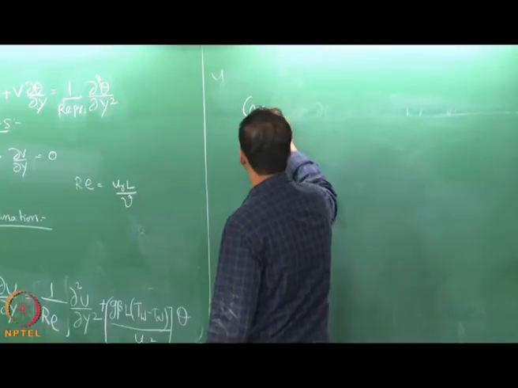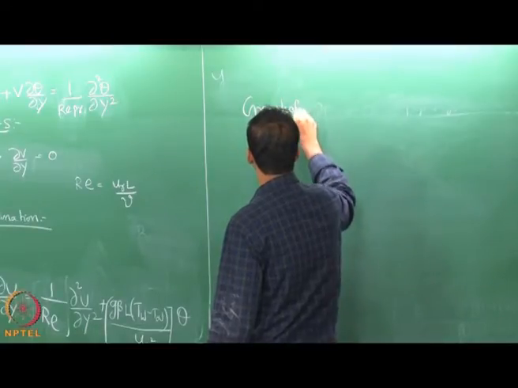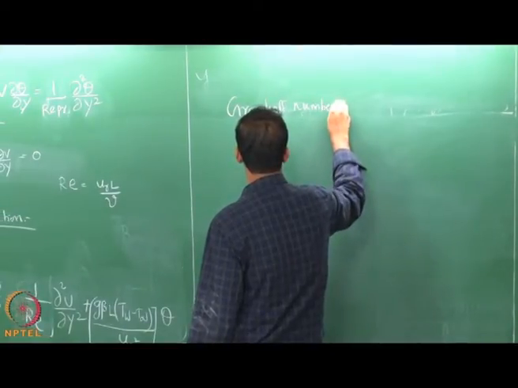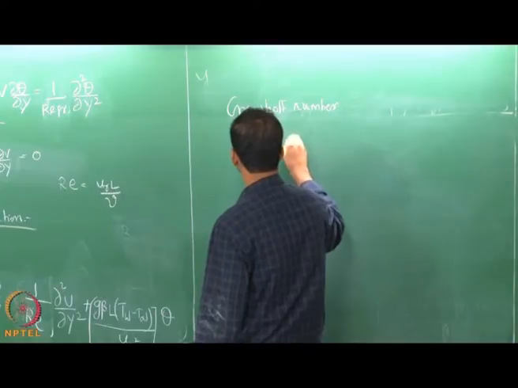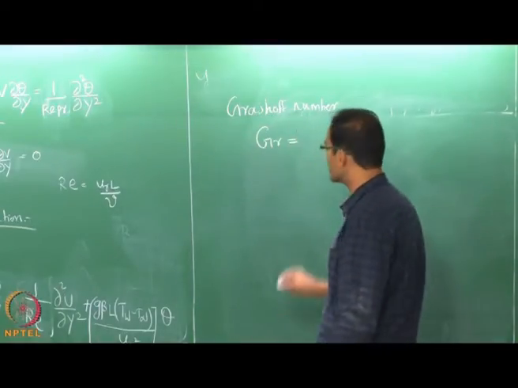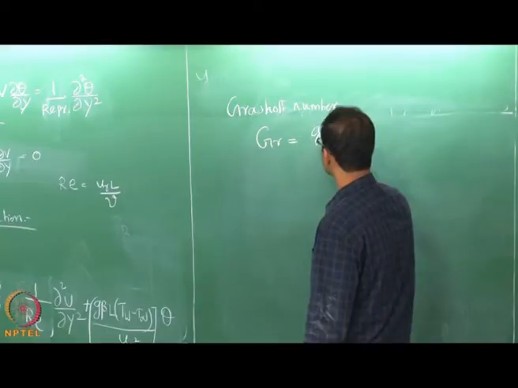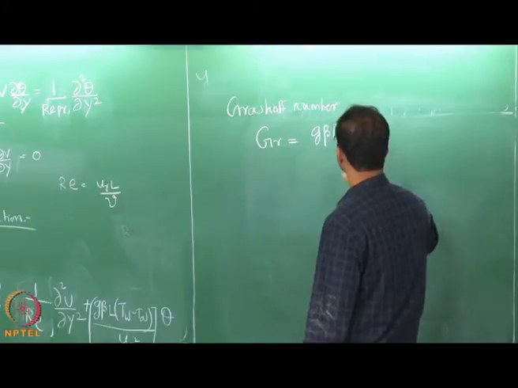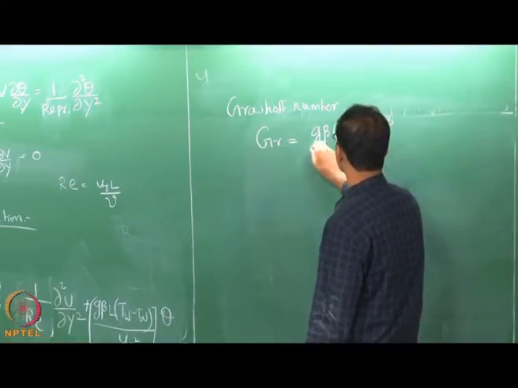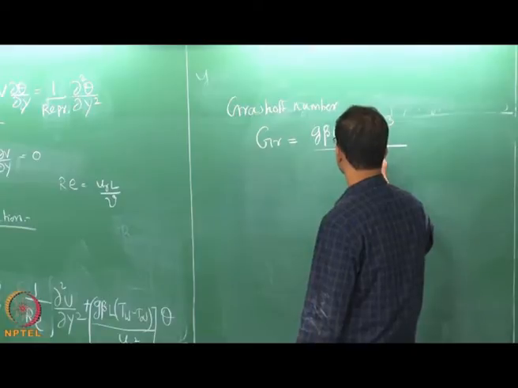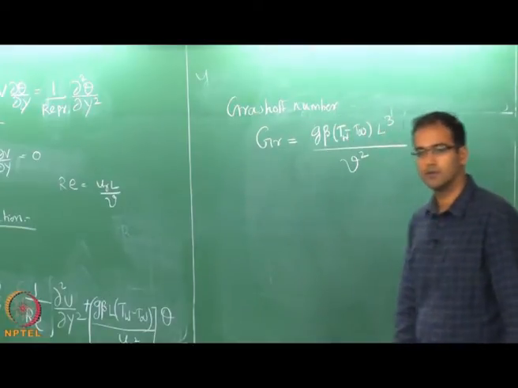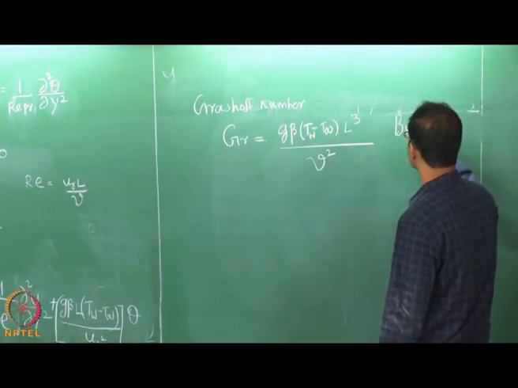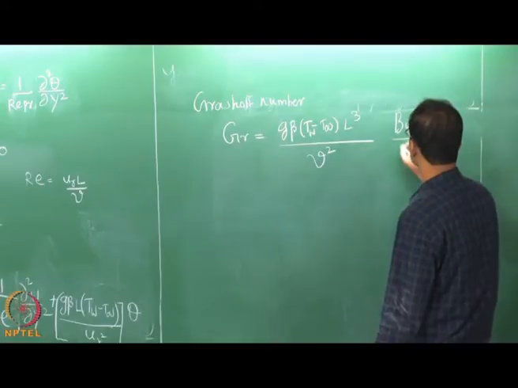This is called the Grashof number, usually denoted as Gr. Okay. This is the ratio of buoyancy force, g beta into T wall minus T infinity into L cube, divided by the viscous force, nu square. Okay. So, this is basically the ratio of buoyancy and viscous force.